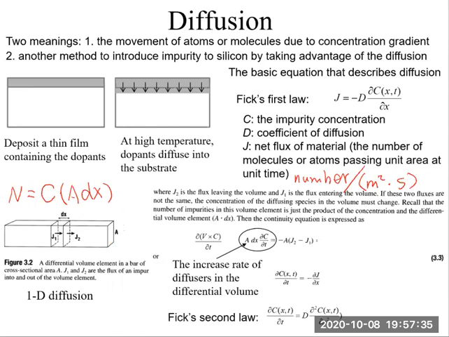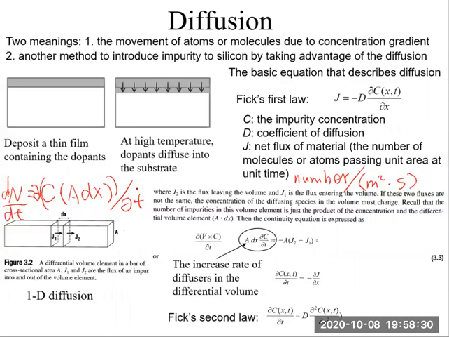Concentration times the volume gives you the total number of impurities inside this differential volume. Then we come up with the following continuity equation, also called the mass conservation equation. The left side is the increase rate of diffusers in the differential volume, which is dn/dt.